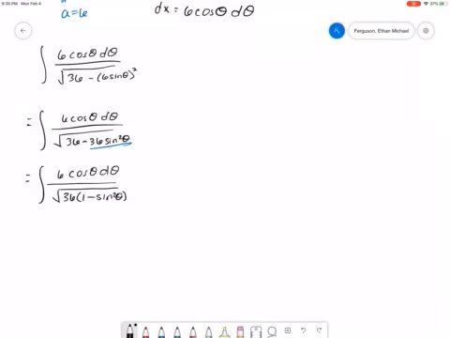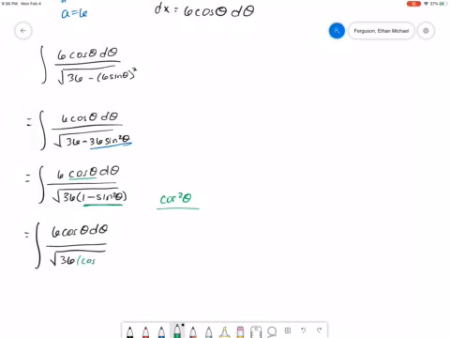Now, if you know your trig identities, you can see that this right here can simplify to the form of cosine squared theta. And now this might show you that if I have a cosine here and a cosine here, that might simplify things for me. So let's plug that in. We go integral 6 cosine of theta d theta all over the square root of 36 cosine squared theta.